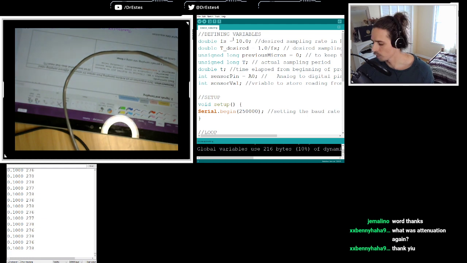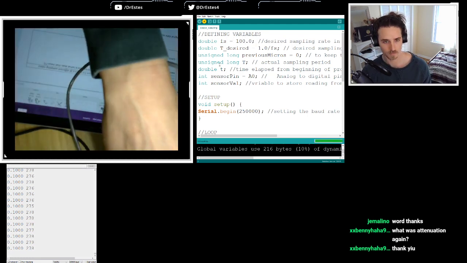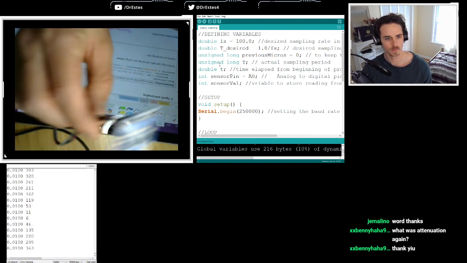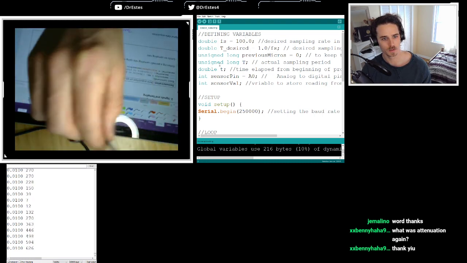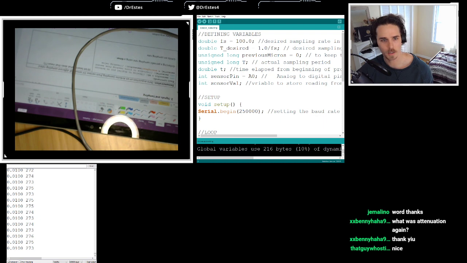Let's increase it even more, 100 samples per second. And you see it's going to an integer value. So let's talk about that integer value.